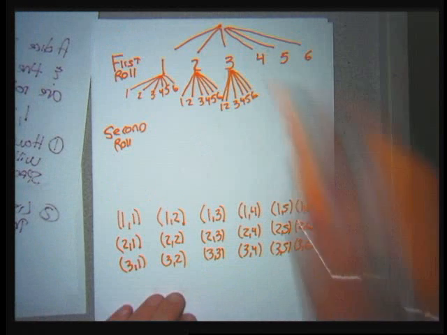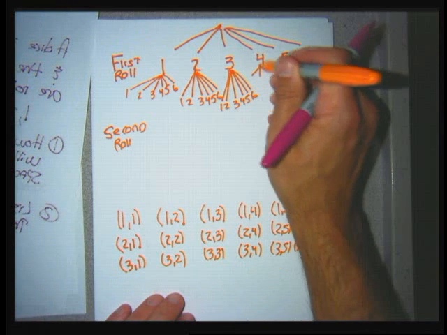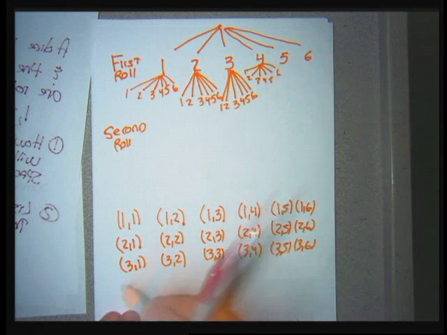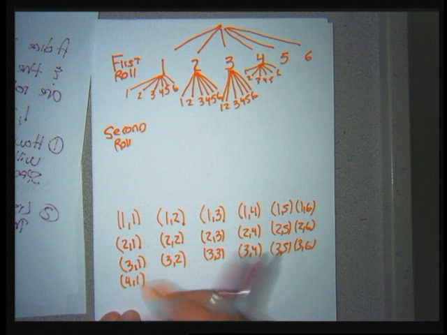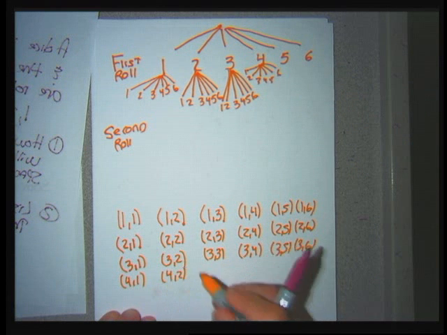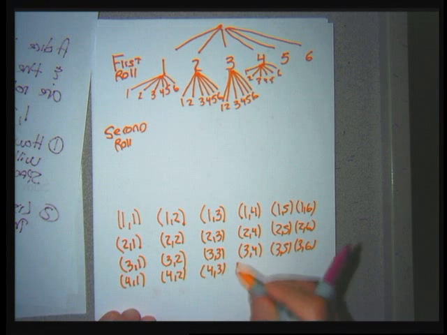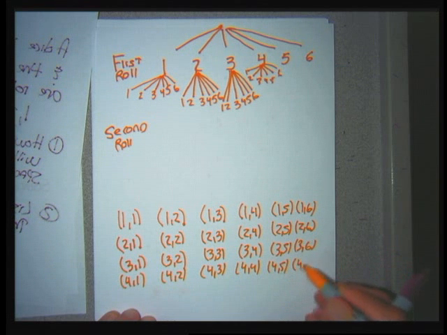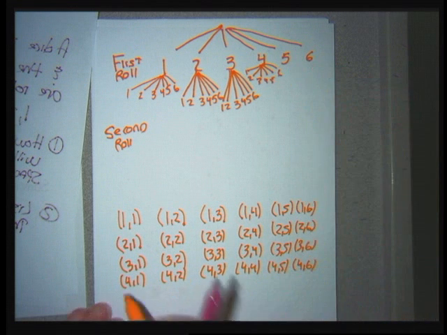If I did the same thing with the 4 and made 6 branches after it, and put the numbers 1 through 6 on it, I'd get the elements in my sample space that are a 4 and a 1, a 4 and a 2, a 4 and a 3, a 4 and a 4, a 4 and a 5, and a 4 and a 6. And then I do the same with the 5.